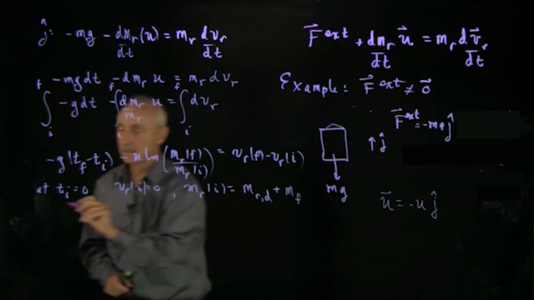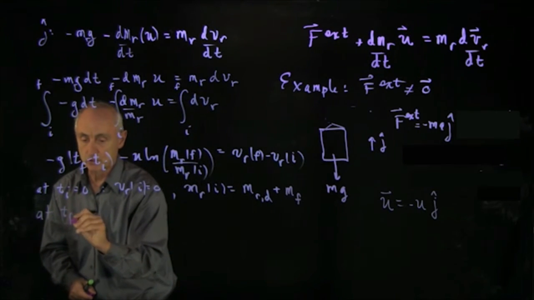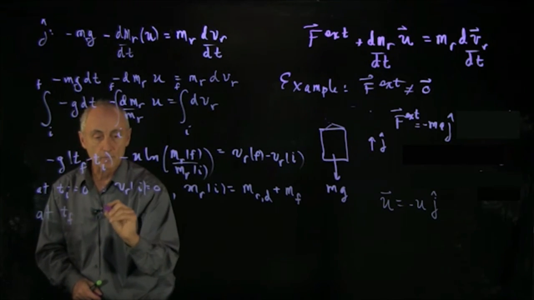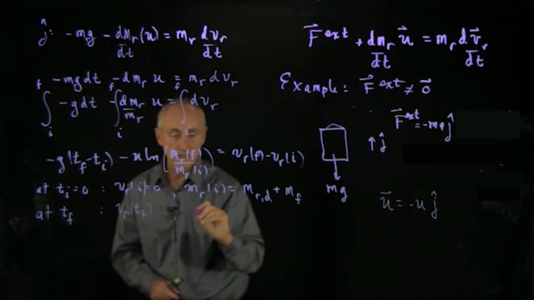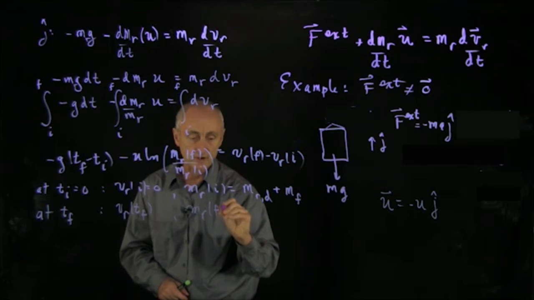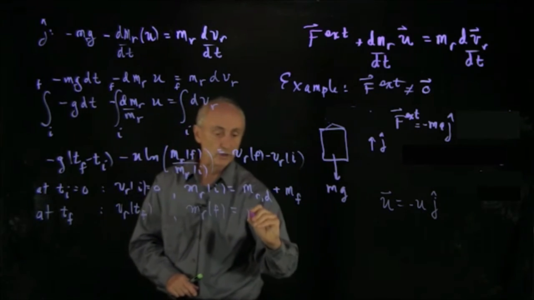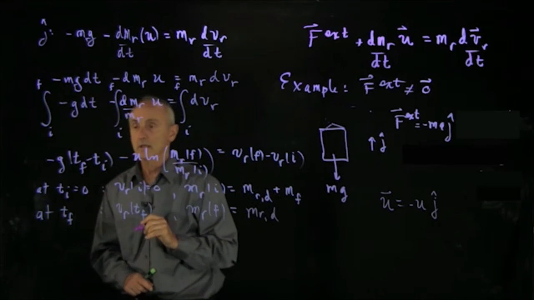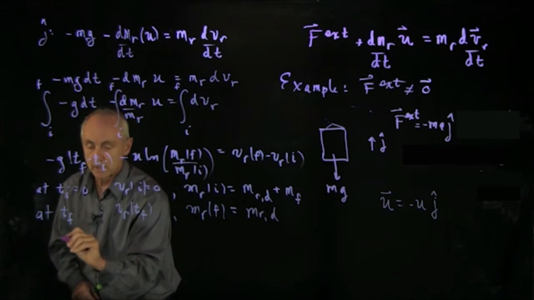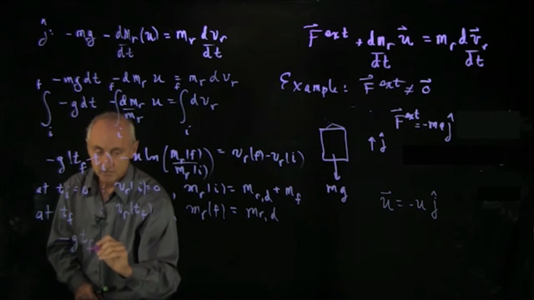And at t final, when the engine turns off, we're going to try to find this velocity at t final. And our condition for the final mass is all the fuel's been burned, so this is just the dry mass of the rocket. And so what we get is minus g t final.